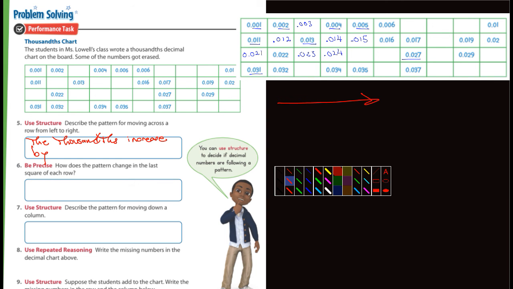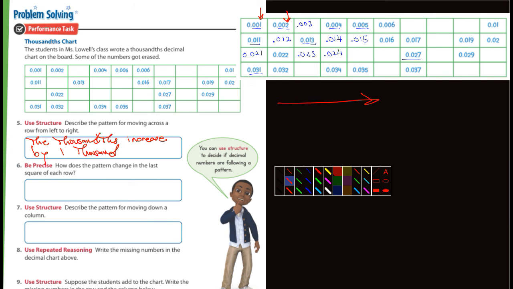By 0.001, the ones in the thousandths place, 0.002, the twos in the thousandths place, by 1 thousandth, or 1/1,000. All right. That's number 5.